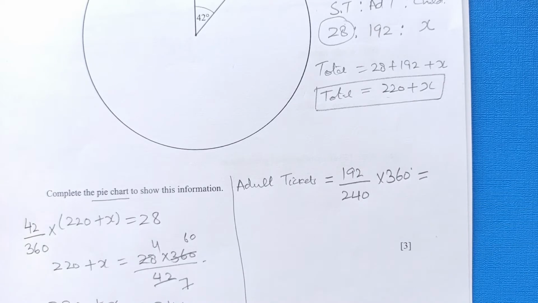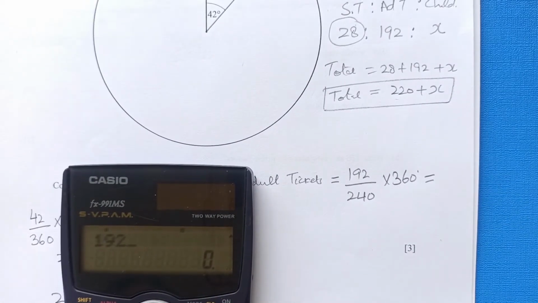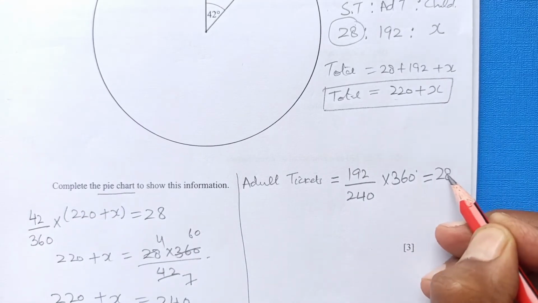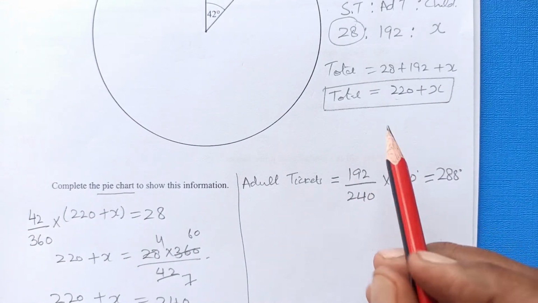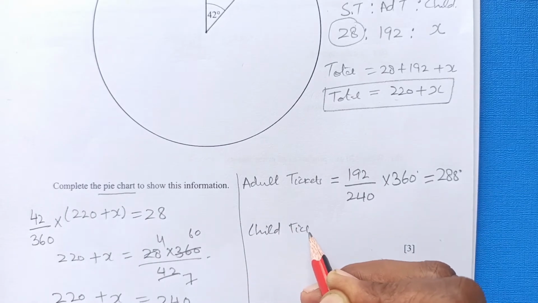So when you calculate this, it is 192 times 360 divided by 240, 288 degrees, right?